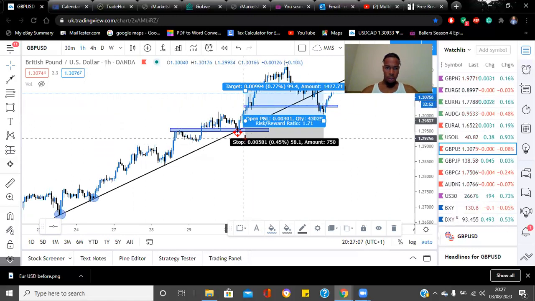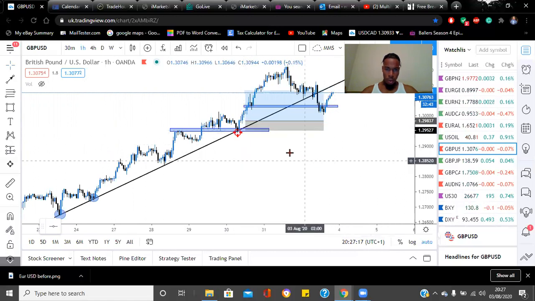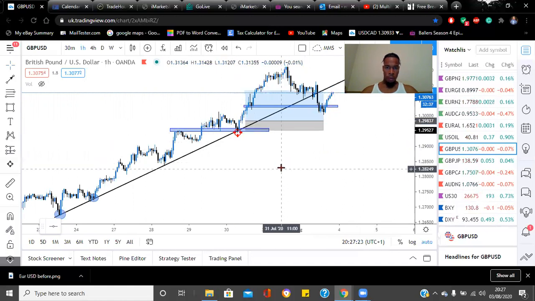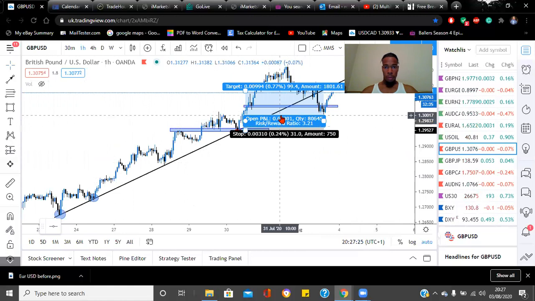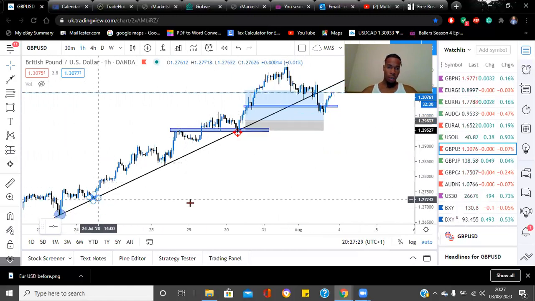Let's see. It's going about 31 pips. So there was a rejection candle, so you would have got in somewhere here. There wouldn't have really been any drawdown, it just went straight up. Look at that, 1 to 3. So look, 1 touch, 2 touch.